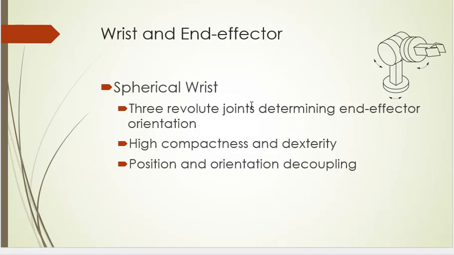Wrist and end effector: a spherical wrist has revolute joints; three revolute joints determine the end effector orientation. Then this one is the end effector arm.